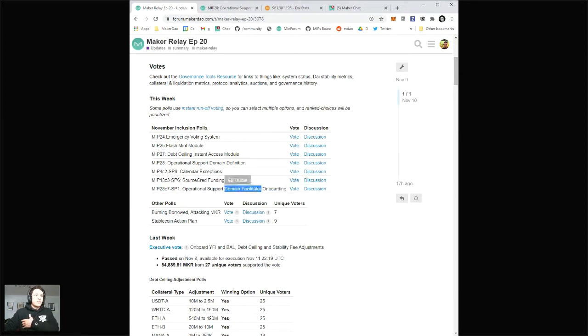And to quickly explain the roles in domain teams, there's basically 2 roles. There's domain facilitators, which are elected by the DAO, and then there's domain contributors, and they don't have to be elected. They're just people who are helping with the domain in some way.